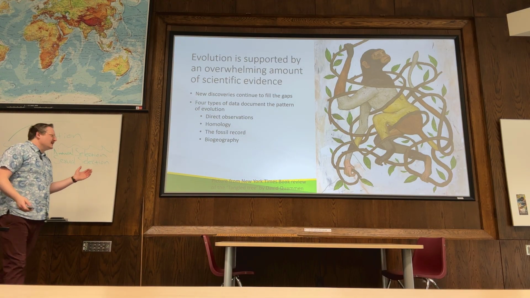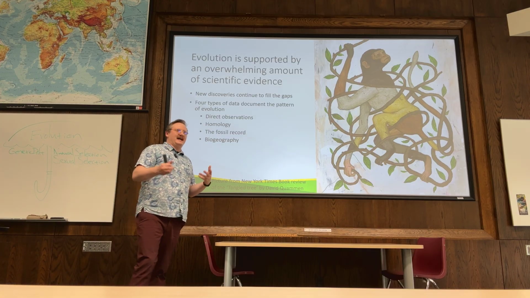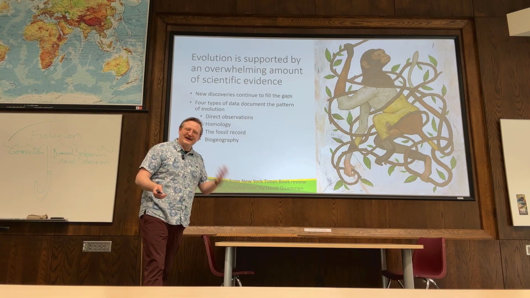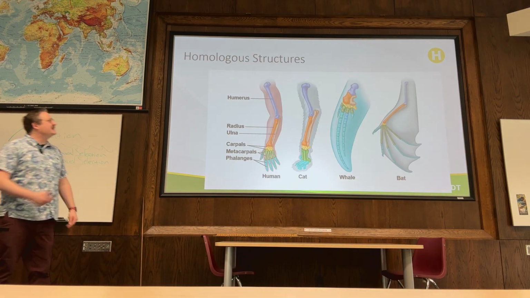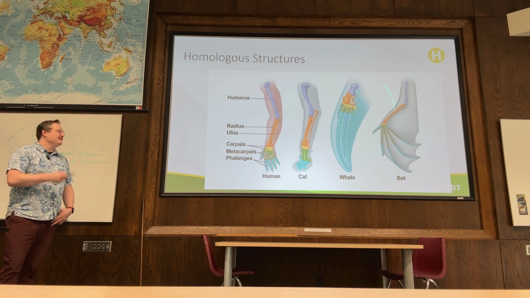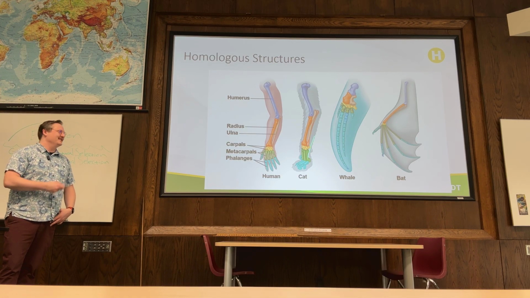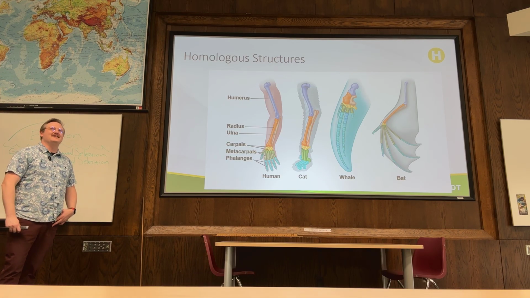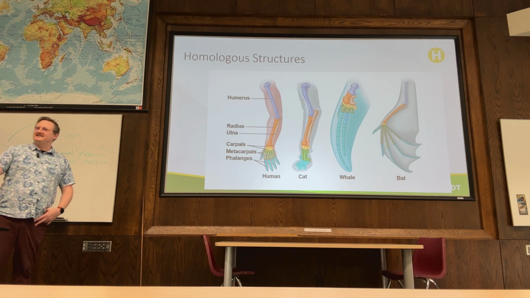Evolution, all right. There's a lot of evidence to support that evolution has occurred, okay? We've got things like homologous structures in organisms where you can see the wing of the bat, the flipper of the whale, the arm of the cat, and the arm of the human, the leg of the cat. A cat doesn't have arms, does it? But there are these structures which can be identified as homologous structures.